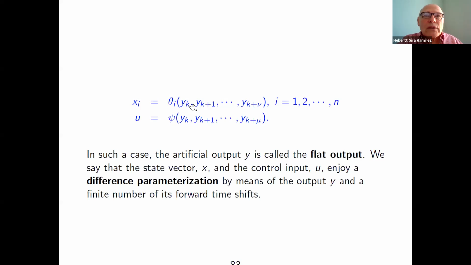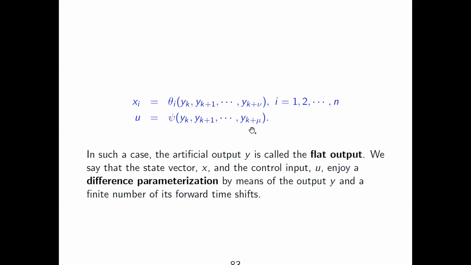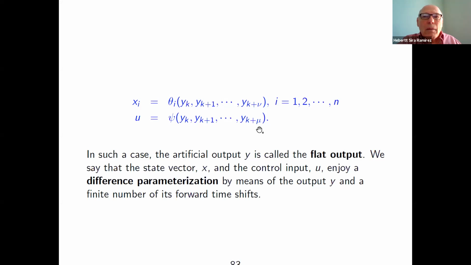And as a consequence of this, the control input can also be written in terms of the same output and a finite number of advances of that output. In the literature, you will find people that establish in a precise manner what they mean by these finite advances and what relation there is between these two integer numbers nu and mu.